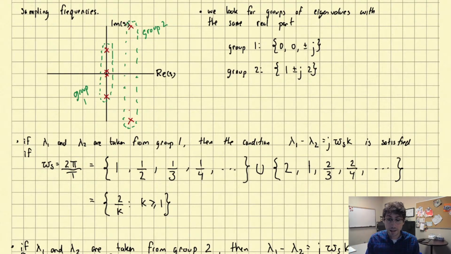So we need omega s times k equal to 4. So in other words, omega s should be 4 divided by some integer.